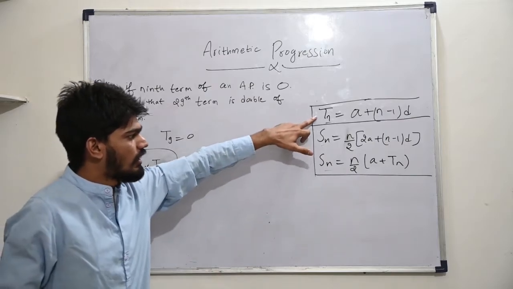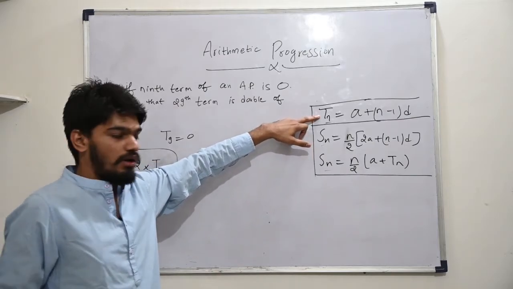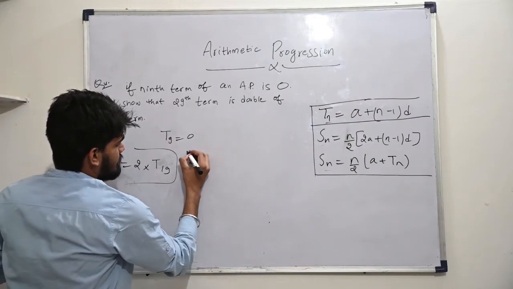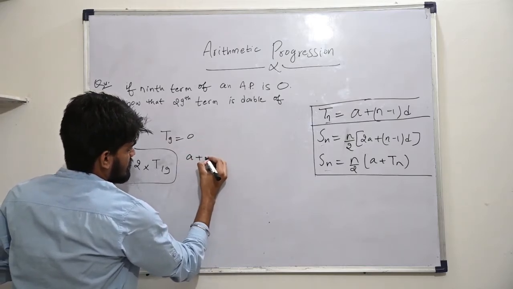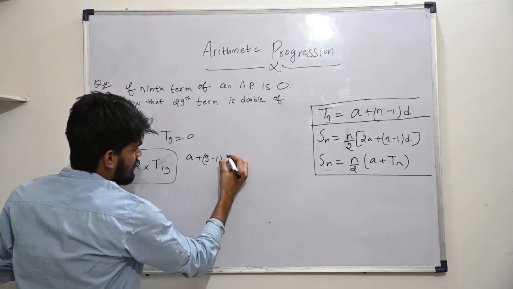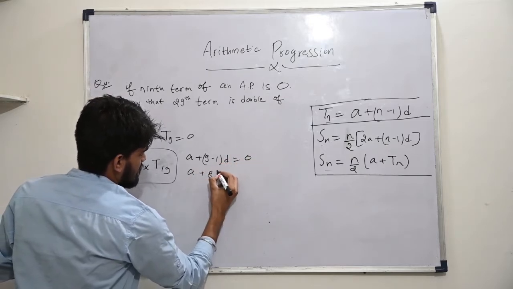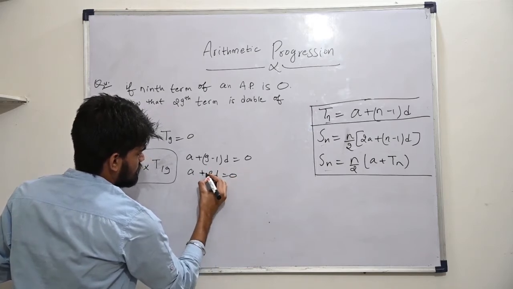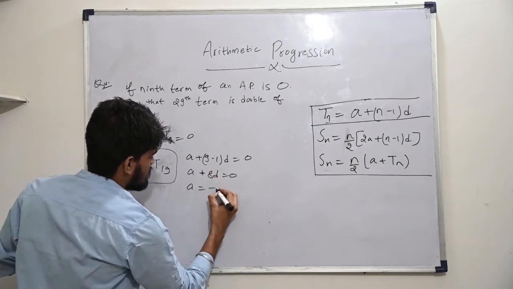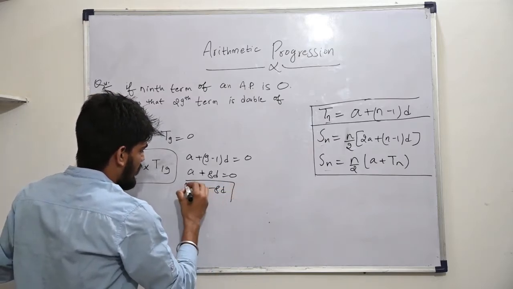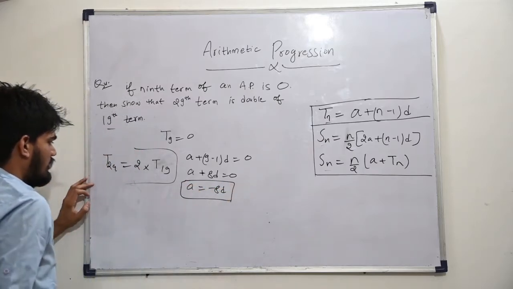Now we know the formula for the nth term of an AP, arithmetic progression. So the ninth term will be a plus 9 minus 1 d, which is equal to 0. That means a plus 8d is equal to 0. So a is minus 8d. Alright. We have the value of a in terms of d.